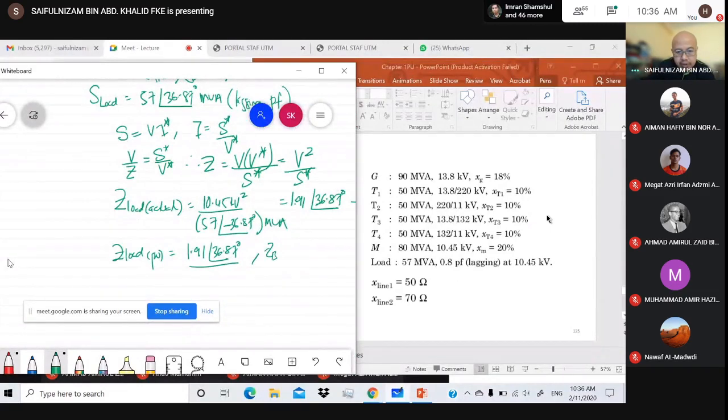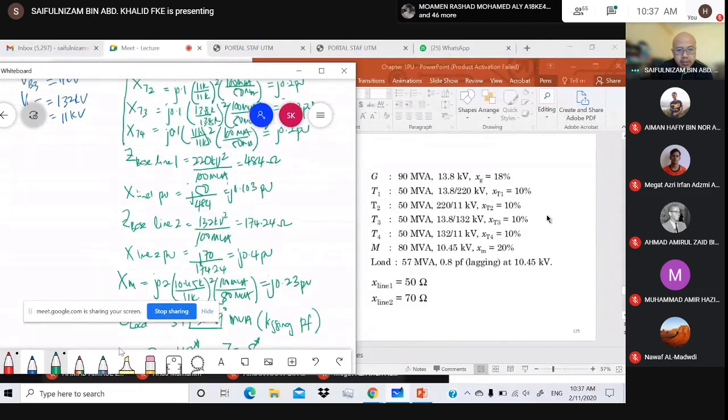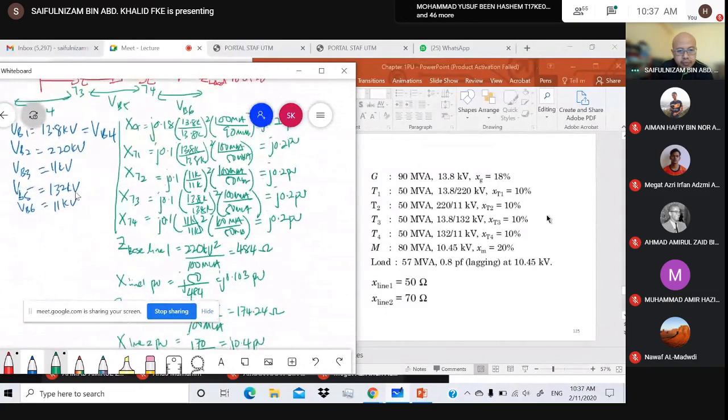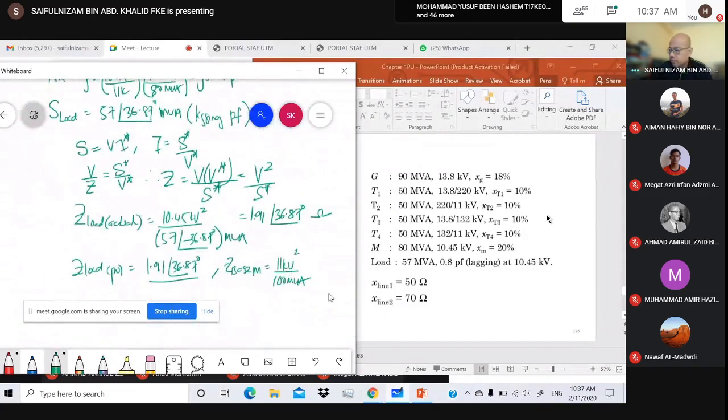So what is the base? Okay, Z base motor equal to 11 kV squared over 100, right? So what is the base impedance for the motor? 1.21.